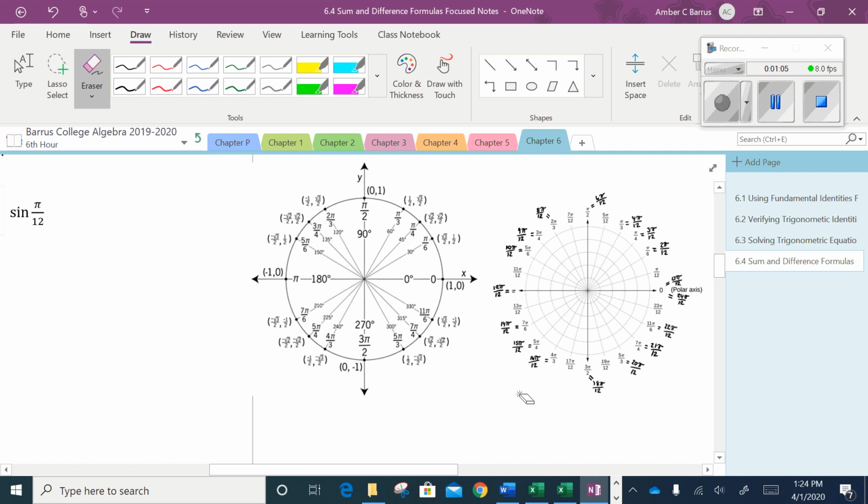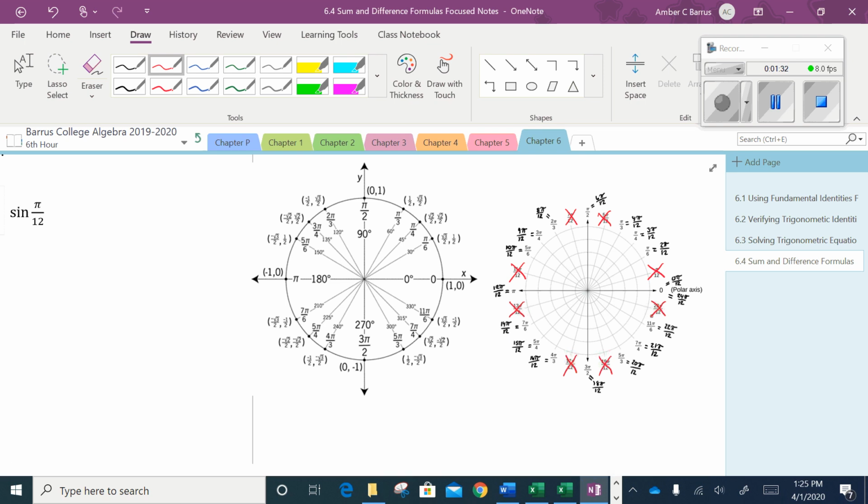And as we look to the one-to-one correspondence, we see that there is not one-to-one correspondence for pi over 12, 5 pi over 12, 7 pi over 12, 11 pi over 12, 13 pi over 12, 17 pi over 12, 19 pi over 12, and 23 pi over 12. So we want to avoid using those values.